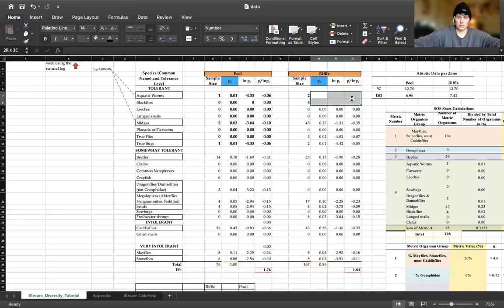And we do this again. I'm going to do a couple examples for the riffle. To get the P sub I, you're going to divide the sample size by the total.